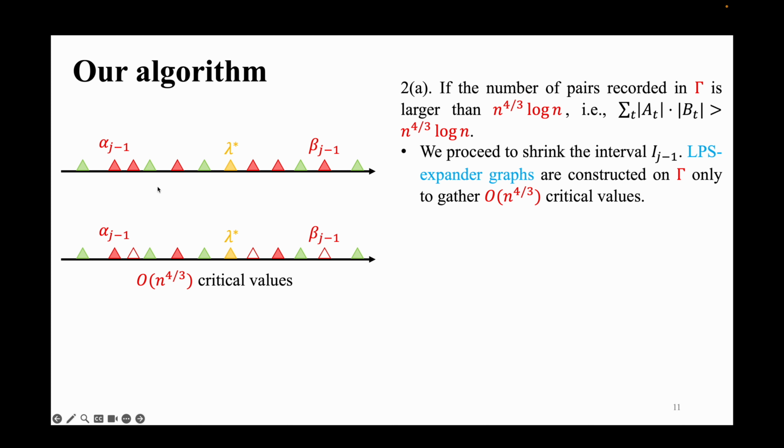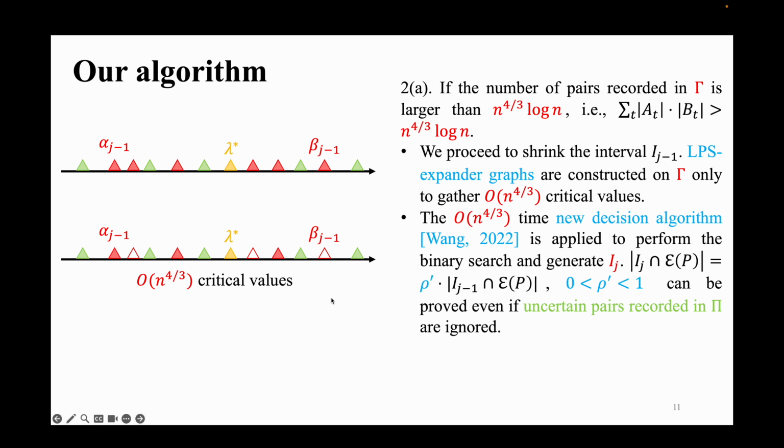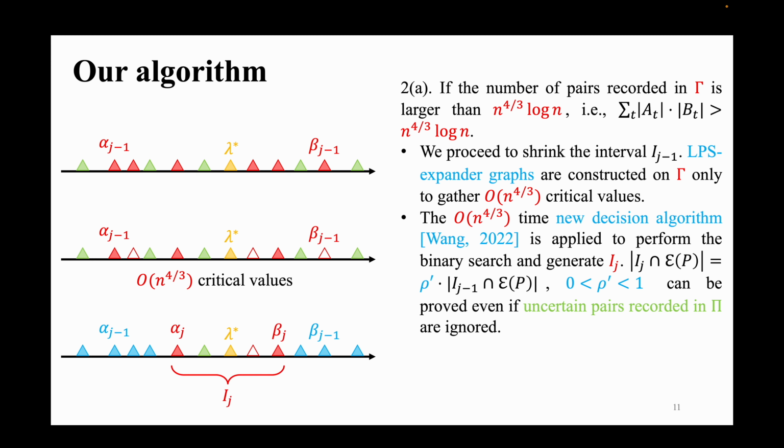So some red triangles will be ignored, like those red hollow triangles, and we only focus on the red solid triangles, which are the gathered critical values. Then we will perform a binary search on those gathered critical values by using the new deterministic algorithm. This will generate a new interval I_j, like this. The blue values will be discarded.